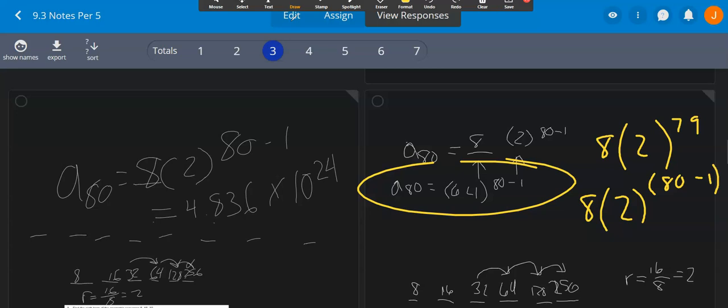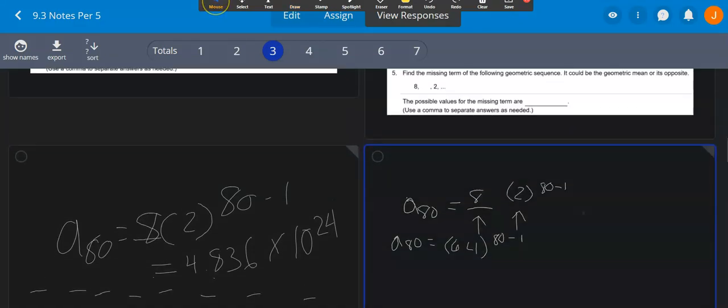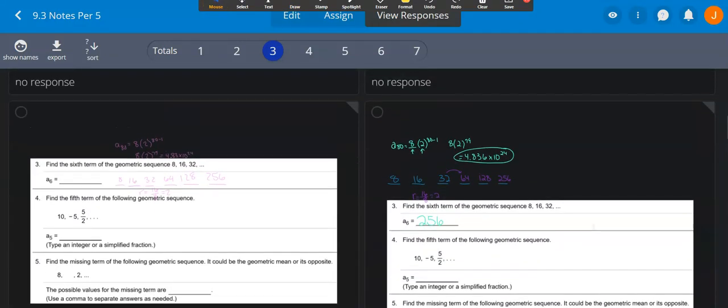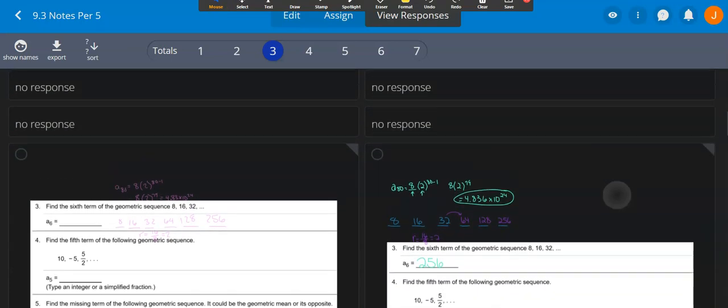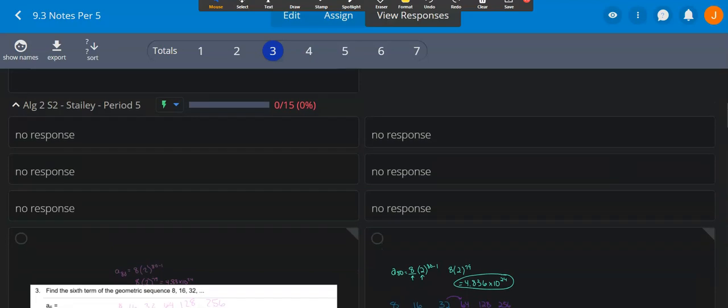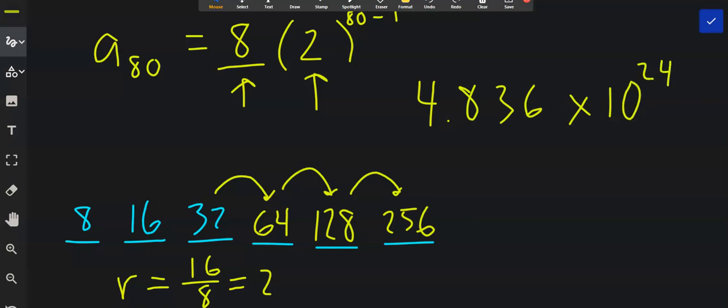That would work. So change that whoever you are. There we go. That's a good answer. That's very small, but I see your answer, and it is a good answer. Okay, moving on. Yeah, so 4.836 times 10 to the 24th is what we were looking at.